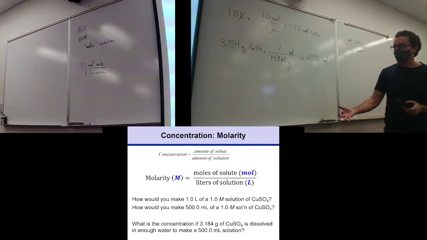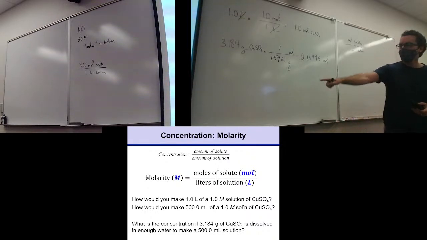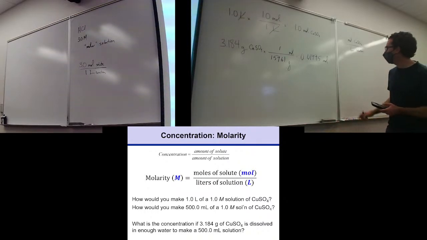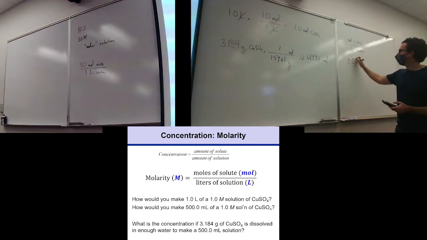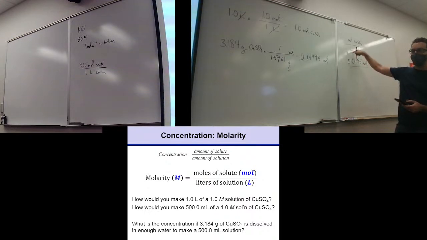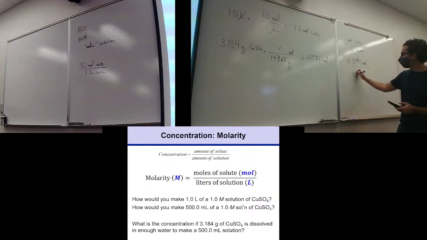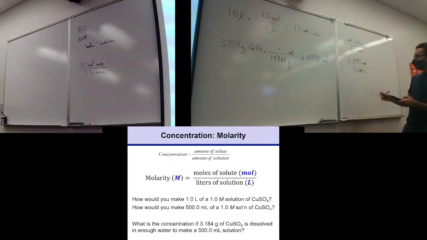And I'm dissolving it with enough water to make a 500 milliliter solution. So I'm going to take that number and divide it by the volume of the total solution in liters. So 500 milliliters is the same thing as 0.5 liters, 3 sig figs, or 3 zeros at the end.